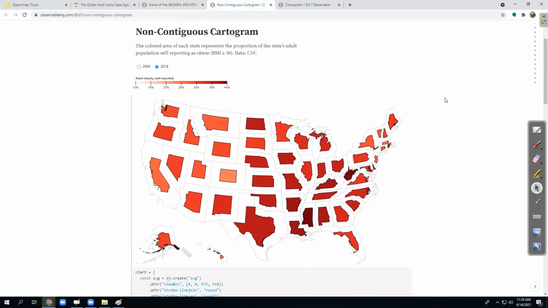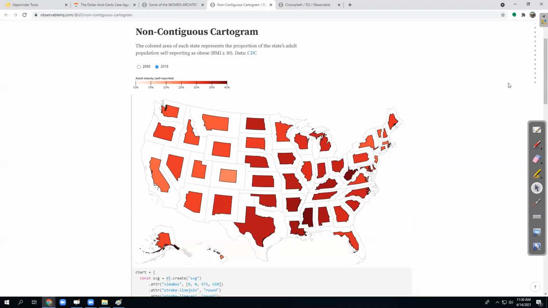A popular way these days to show data over geographic regions is to use a map and some kind of scale to go with the map. So here I have a graph of BMI, body mass index, which is an estimate of obesity. It's the ratio of your weight in kilograms divided by the square of your height in centimeters.